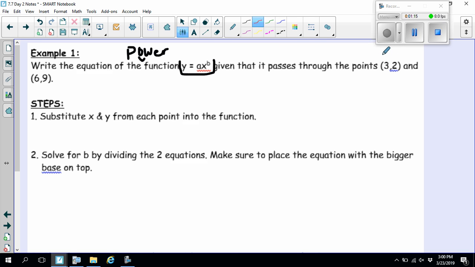On our first one, x is going to be 3, and y is going to be 2, and then our second point, 6 is going to be x, and 9 is going to be our y. So we're going to plug that in. So we have 2 equals a times, this is where it changes, 3 to the b power. Our second equation is going to be 9 equals a times 6 to the b power.